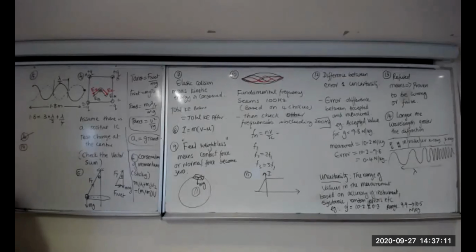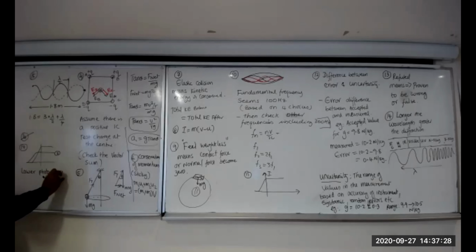17. That's experiment 1, experiment 2. So lower photocurrent means lower intensity.